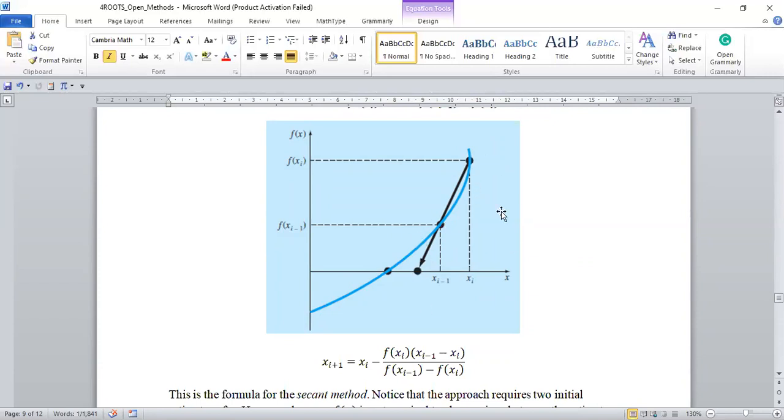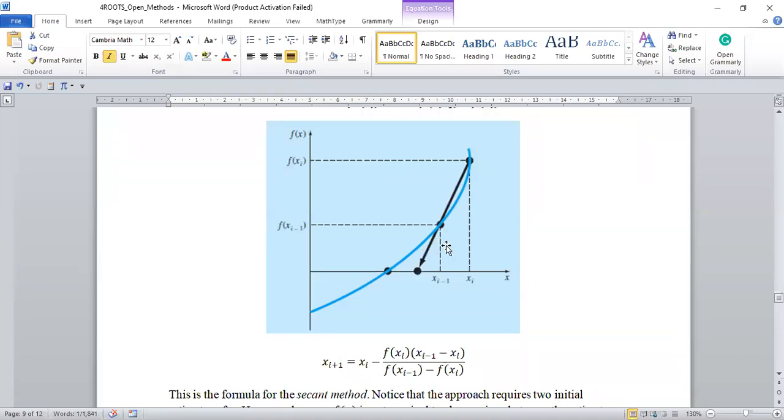But look at this representation: the root is not between these two limits. In fact, the root is outside of x_{i-1} and x_i, outside this bracket. But in the false position method, we are sure there is a lower limit here and an upper limit there, so you are sure the root is between those two brackets.